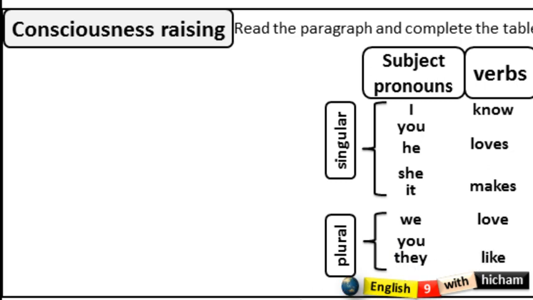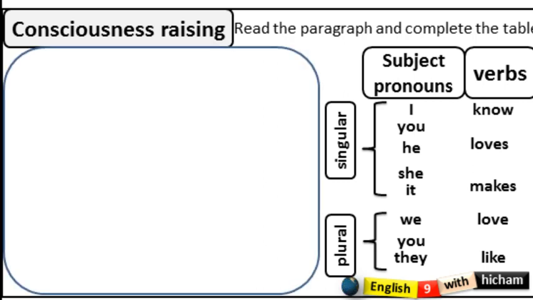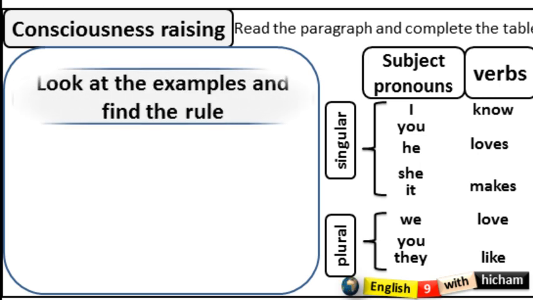So next we have to look carefully at the examples and discover the rule behind the simple present. So you look at the examples and you find the rule. There is a kind of rule that is organizing the whole system of simple present. It is a simple rule which you have to discover, observe and notice from the examples.